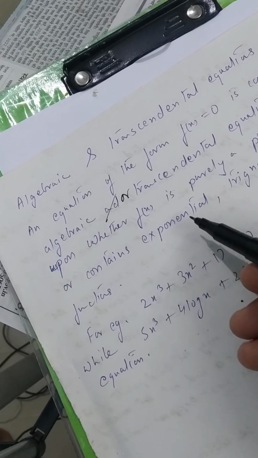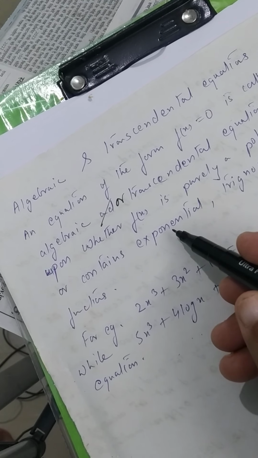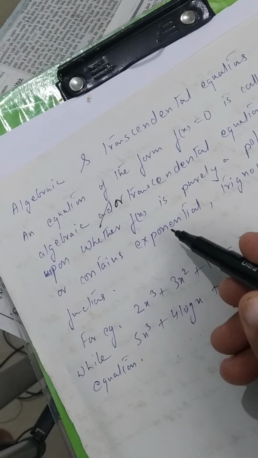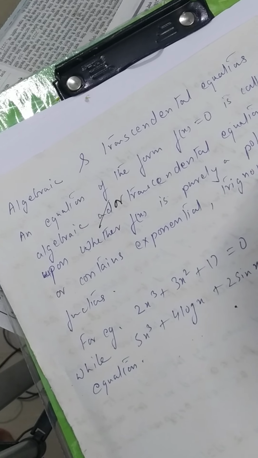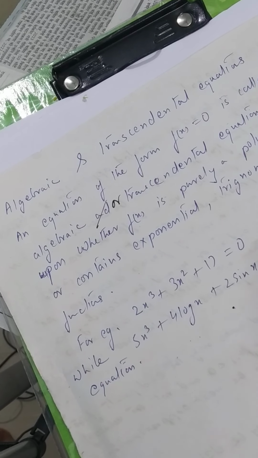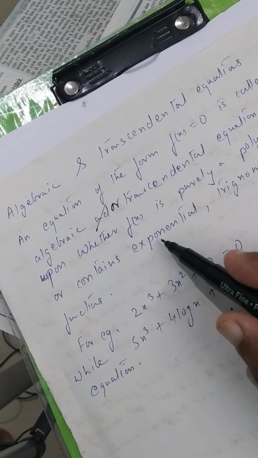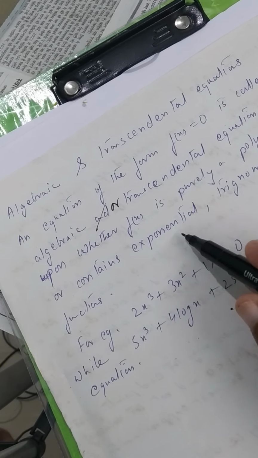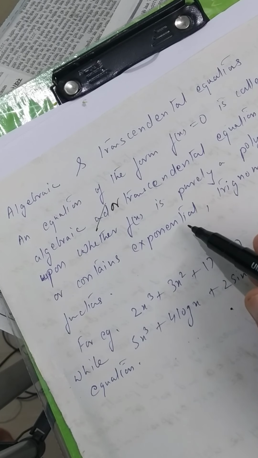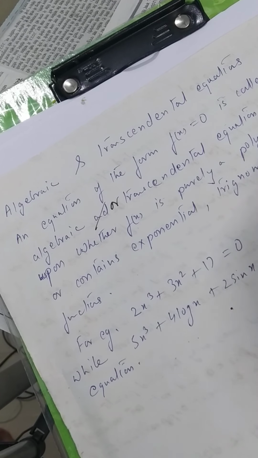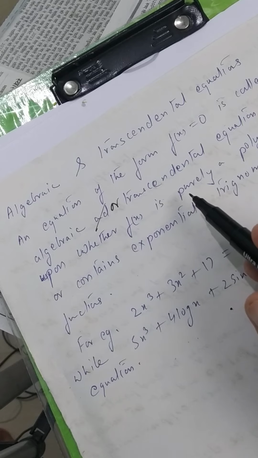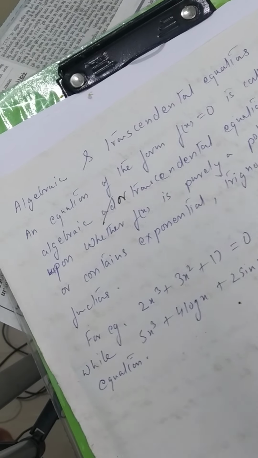Not all, it can be possible that it might contain only exponential terms, or only trigonometric terms, or only logarithmic terms. But when these terms are present in an equation, it is called a transcendental equation. If it is purely a polynomial of x, then it is an algebraic equation.